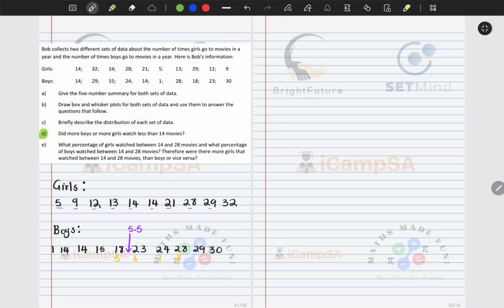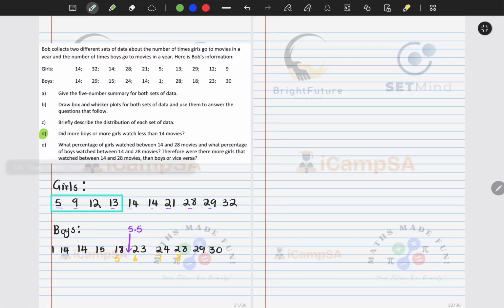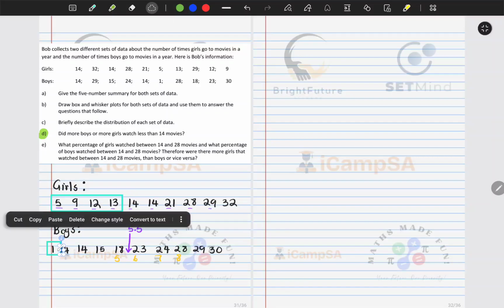If we look at the girls, they are saying 14 or less, so meaning we're looking at this batch here. Did they say less than 14? Okay, less than 14. So less than, it would be this one here. So this is the group of girls who watched less than 14 movies, and then less than 14 for boys. There's just one.